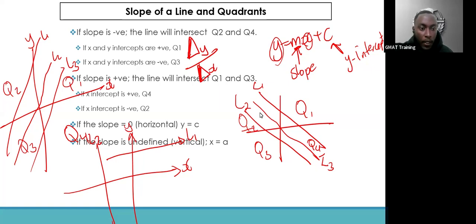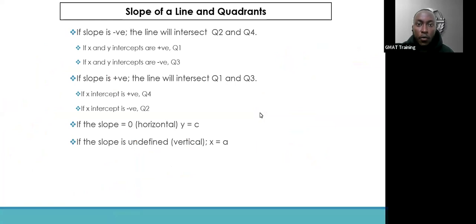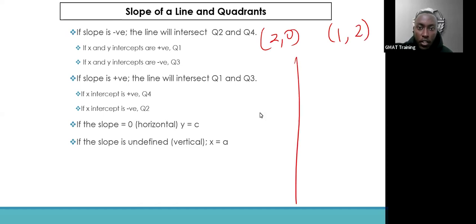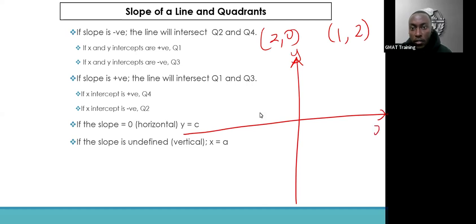Right? So let me erase this. Say we have 2 points, and the line goes through point 1 and point 2. Let's have 1, 2. In almost all the questions, you have to visualize.